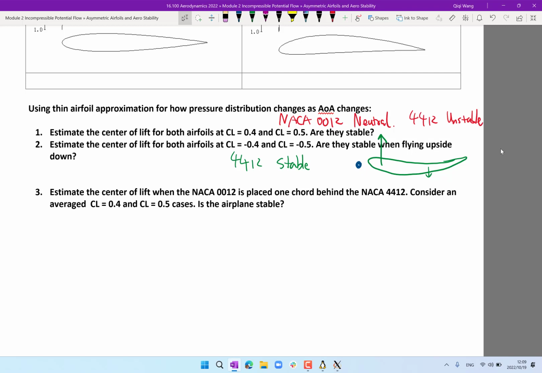So basically, let me say, if the center of lift is xc, then the moment around xc is equal to the integration from 0 to 3c, right? If we treat 0 as the leading edge of the first airfoil, of pu minus pl, where I just integrated the negative sign into the sign of the pressures, times x minus xc dx, which would have to be 0, right?